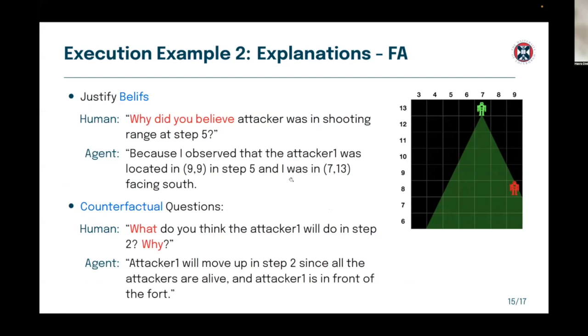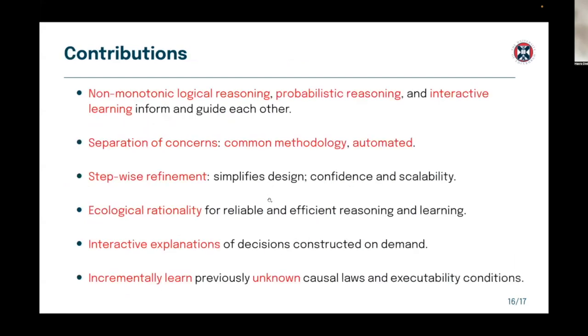So to conclude, the contribution of this work was an architecture that used non-monotonic logical reasoning, probabilistic reasoning, and interactive learning, where they inform and guide each other. And we have a clear separation of concerns. So this is not just a methodology for these specific domains, but it can be easily applicable to other domains.